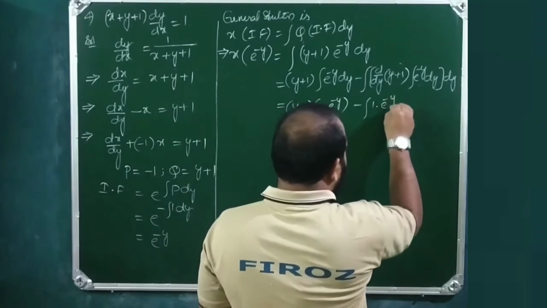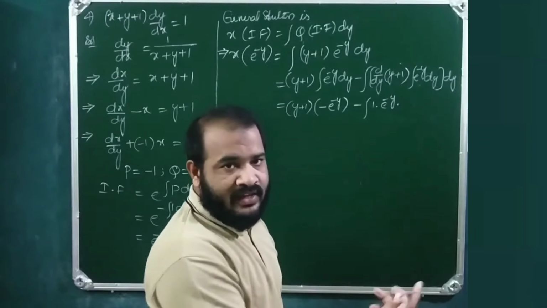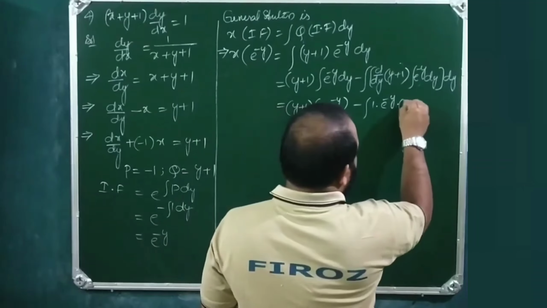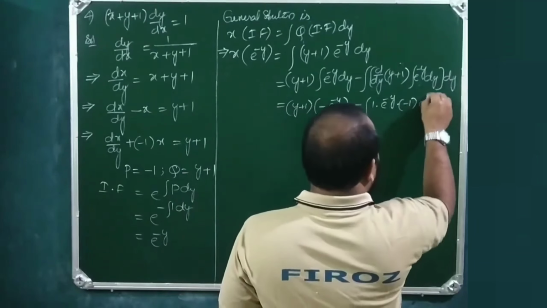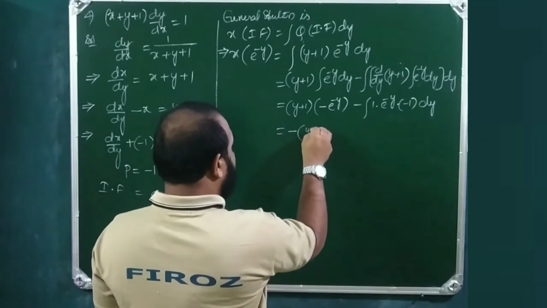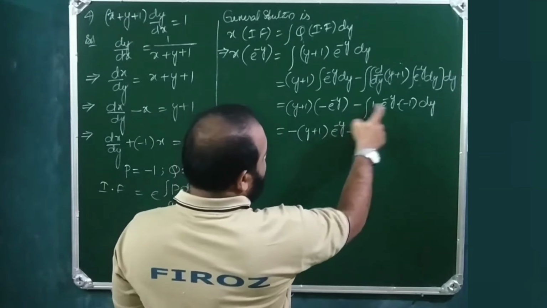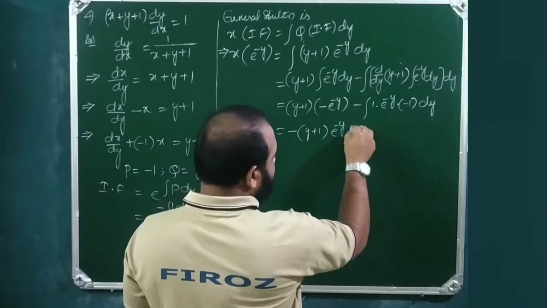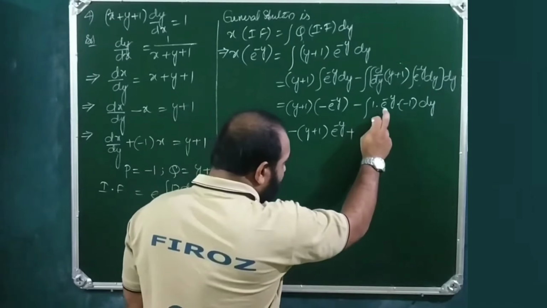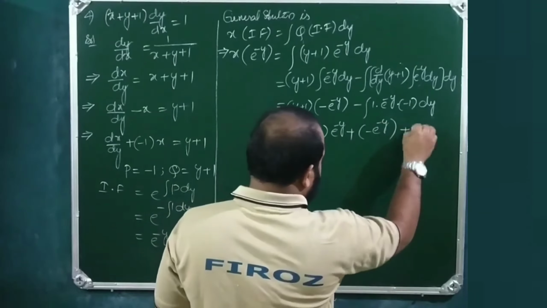Therefore, e power minus y into d by dy of minus y, which is minus 1, into dy. This is equal to minus of y plus 1 into e power minus y, minus into minus plus 1 into e power minus y. Integral of e power minus y is minus e power minus y again, plus constant of integration c.